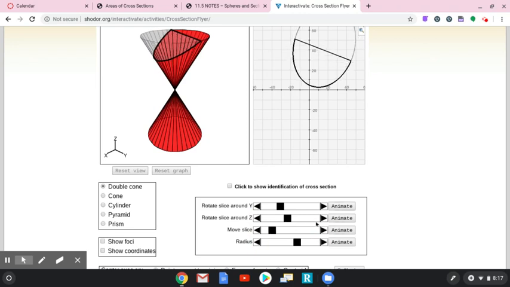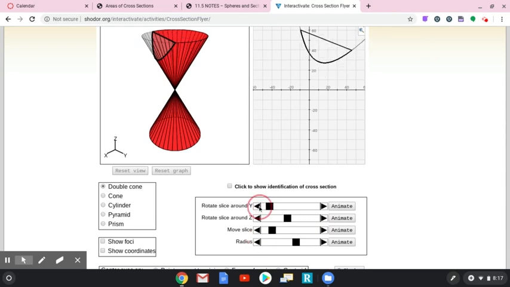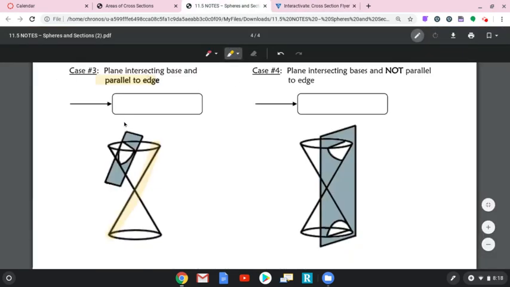If I want to make sure it's a parabola, what do I have to do? I have to have it parallel to one of the sides. See, that's not it because that's going to be a hyperbola. Right there, it needs to be parallel to one of the sides of that double napped cone. So say in this case, it's parallel to this side, we're dealing with a parabola. So in here, our answer is going to be a parabola.